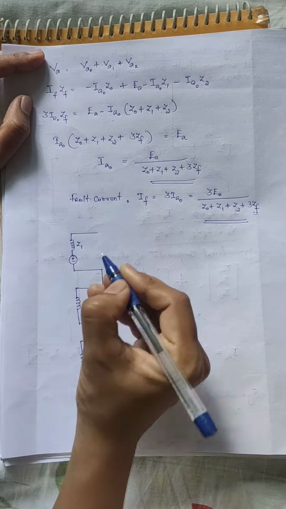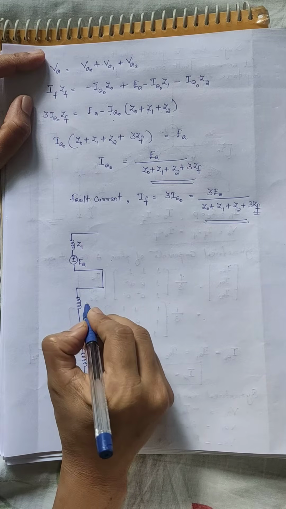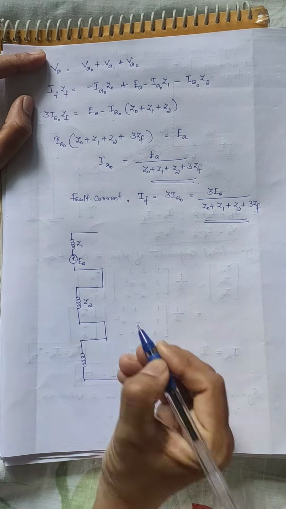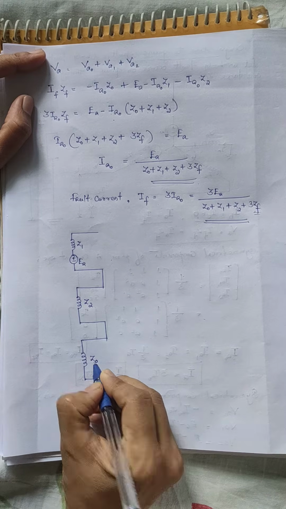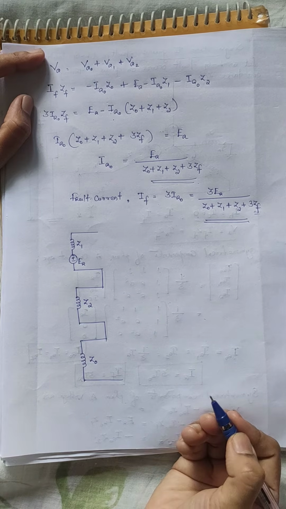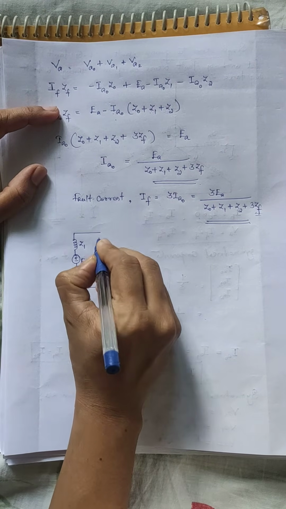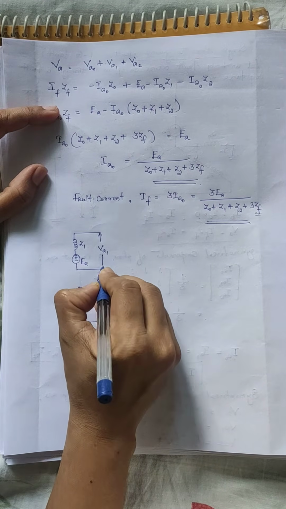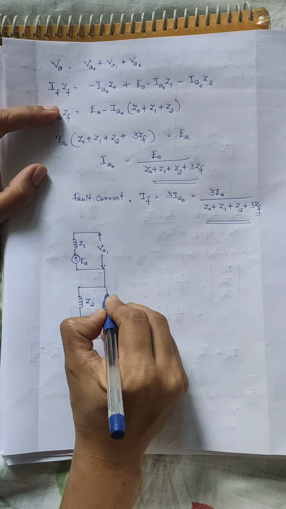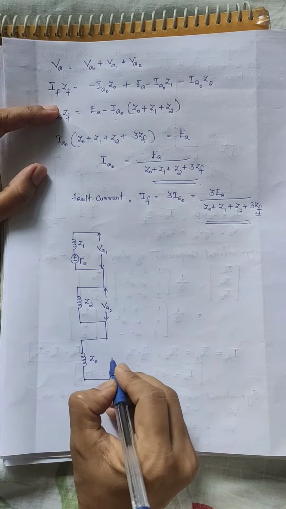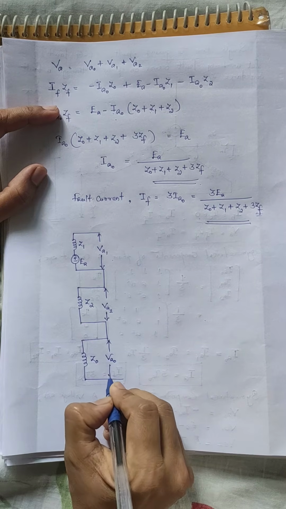The positive sequence network has Z1 and voltage source EA, the negative sequence network will have the negative sequence impedance only, and similarly the zero sequence network will have the zero sequence impedance only. Now, the terminal voltage is VA1 in the positive sequence network, VA2 in the negative sequence network, and VA0 in the zero sequence network.